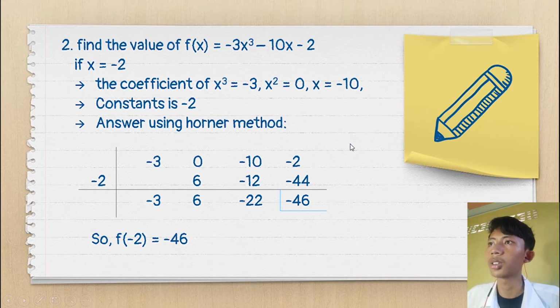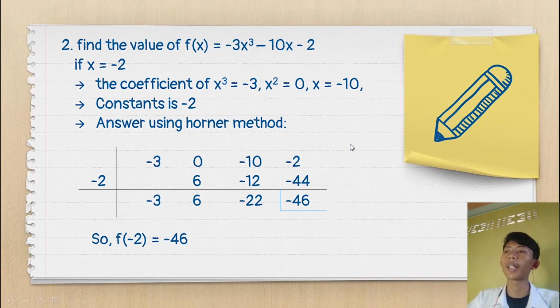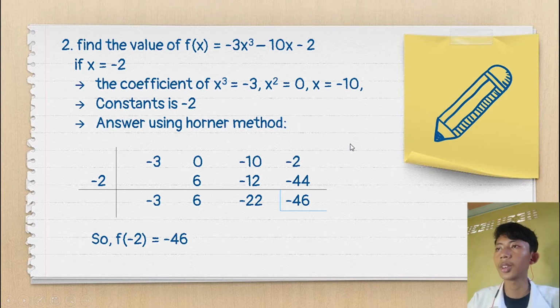And then using the Horner method to answer this question, replace the coefficients and constant and replace x equals minus 2. Firstly, write down the coefficient of x cubed and then multiply. Minus 3 multiply minus 2 is 6, and 6 plus 0 is 6. 6 multiply minus 2 is minus 12, and then minus 12 plus minus 10 is minus 22.